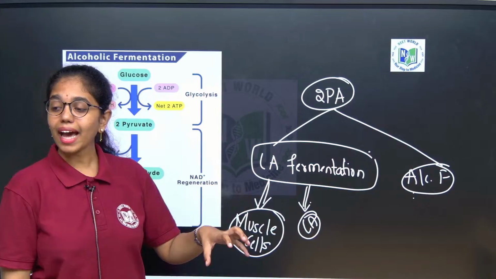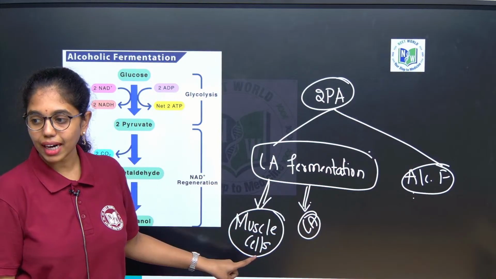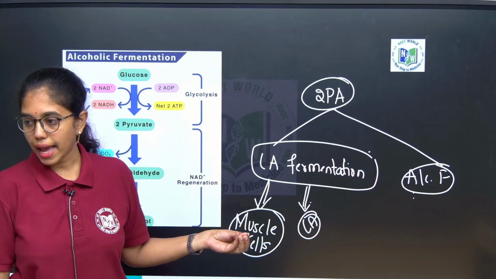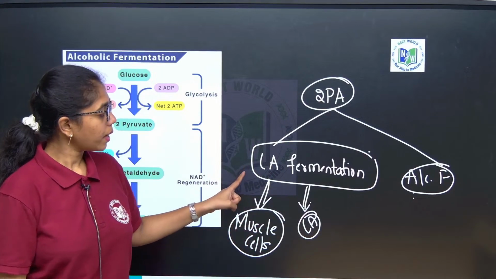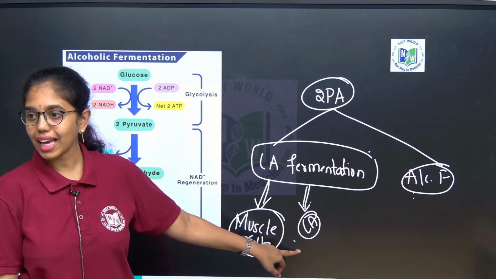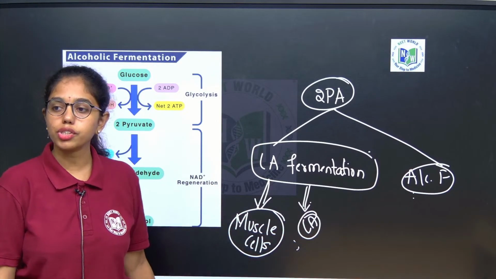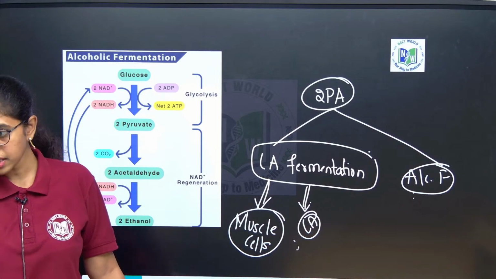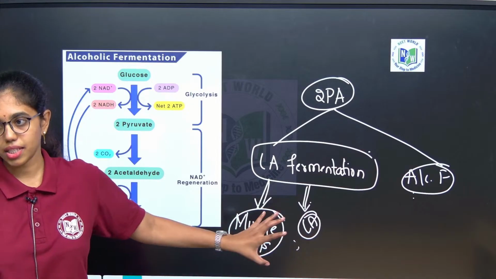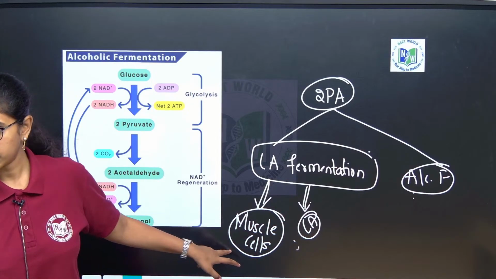So, when they are deprived of oxygen, they will conduct what? Lactic acid fermentation for immediate release of energy. At the end of lactic acid fermentation, what is formed? Lactic acid is formed. Because of the accumulation of lactic acid inside the muscle cells, they get muscle cramps after vigorous exercise. That is the reason in eukaryotic cells.